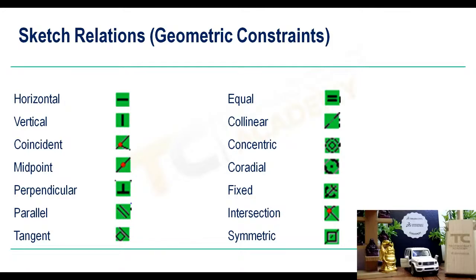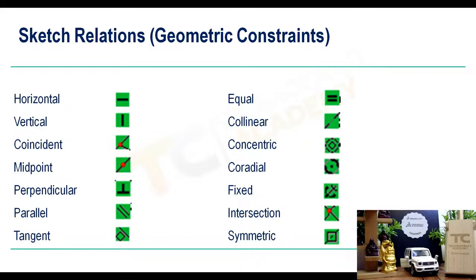Now, as I said about the geometrical constraints, these are a few important geometric constraints. The first one is the horizontal. Next one is the vertical. Next is fixed, where that particular node or grid is fixed at a particular node.